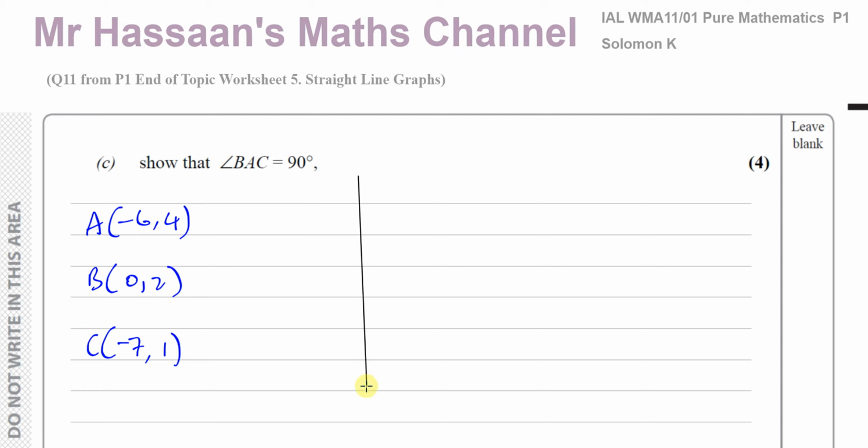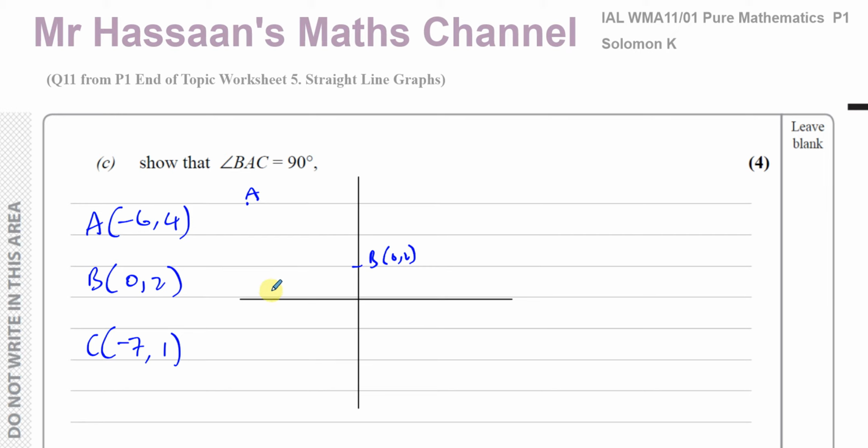We have our axes. Okay, so the point A is negative 6, 4, the point B is 0, 2, let's say that's point B, 0, 2, and the point A is negative 6, 4, somewhere up here, and the point C is negative 7, 1, somewhere over here.